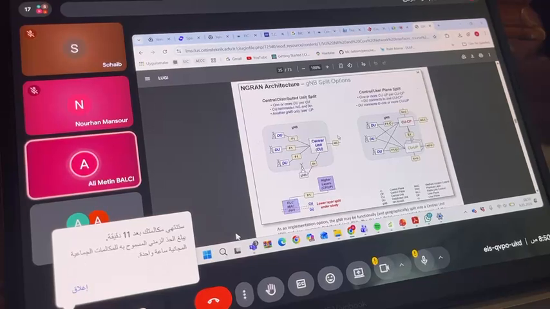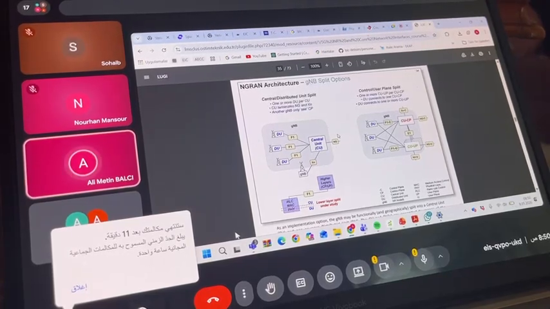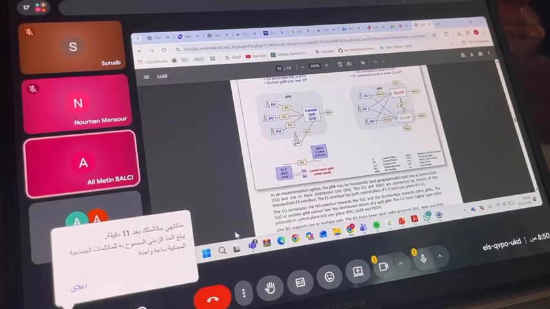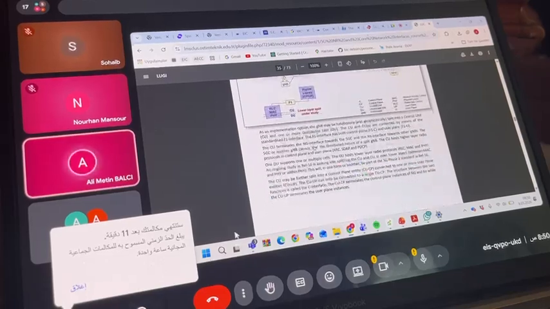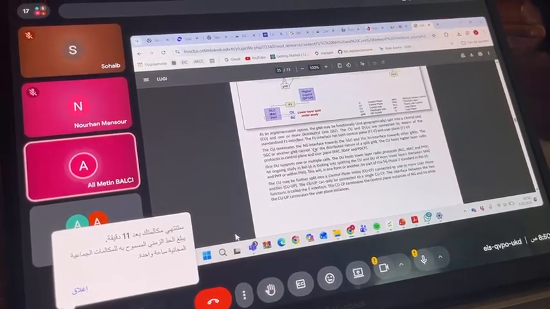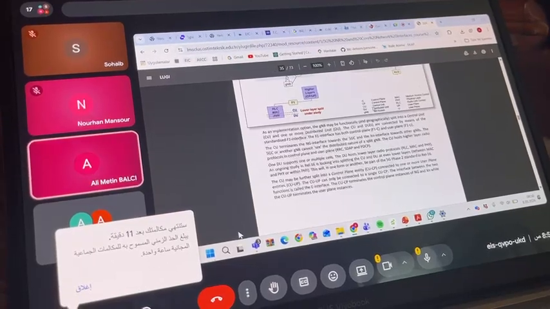So we discussed these split options as well, central unit and the distributed unit, how we split it. And you can rely on my advice in the previous document.